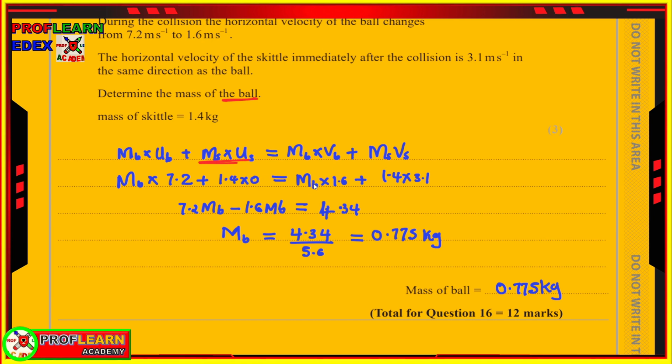When they collided, the velocity of the ball became 1.6, and the mosquito moved at a speed of 3.1. So we're using the law of conservation of momentum, that momentum before collision is equal to momentum after collision. Now, if you work it out here, you're going to get your answer, approximately 0.775.